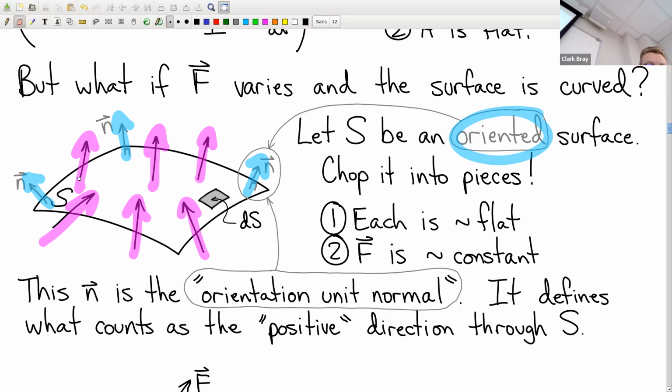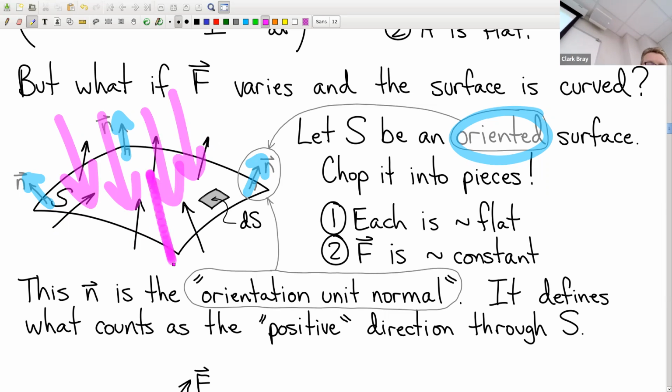But if for whatever reason the fluid were going like this instead, well, the fluid's going very differently. It's going the opposite direction of the orientation. So this I would want to call a negative flux, indicating that it's going the other way.